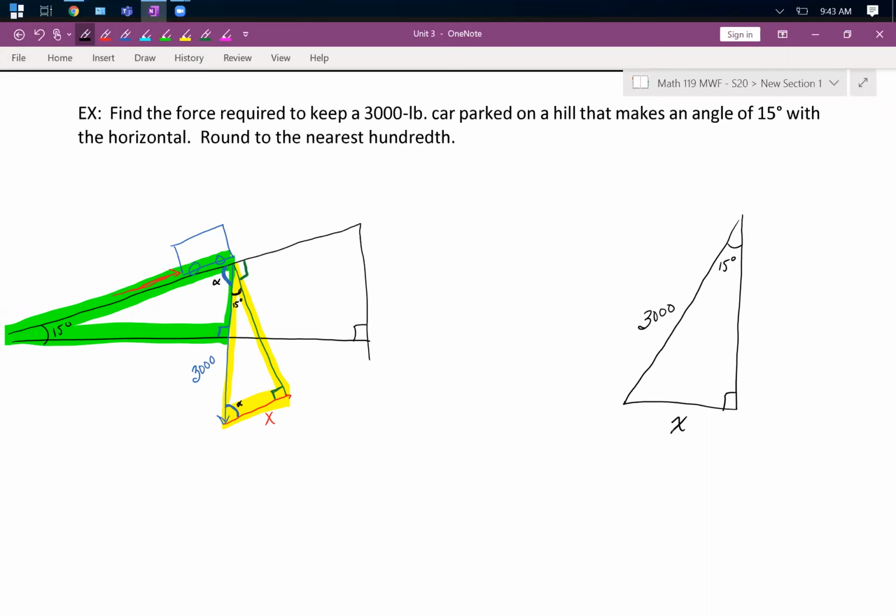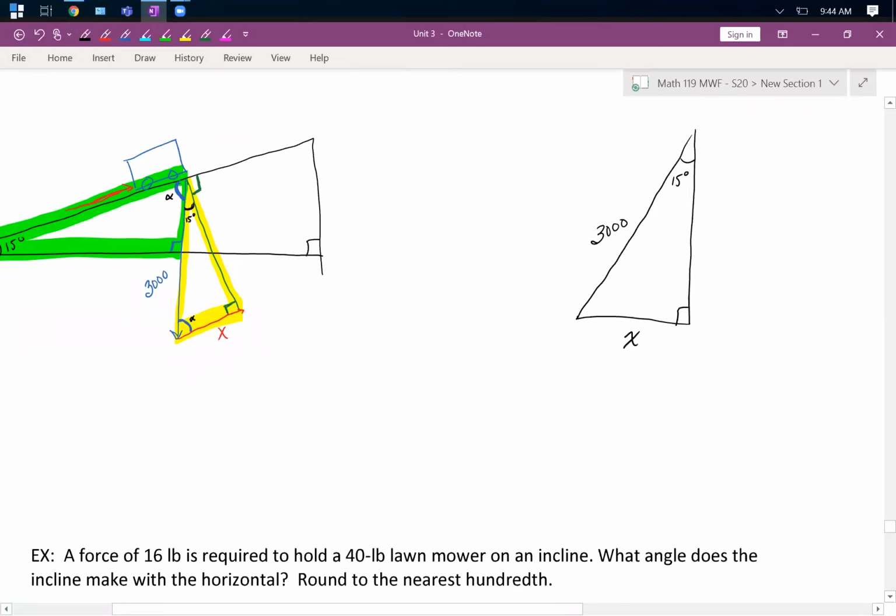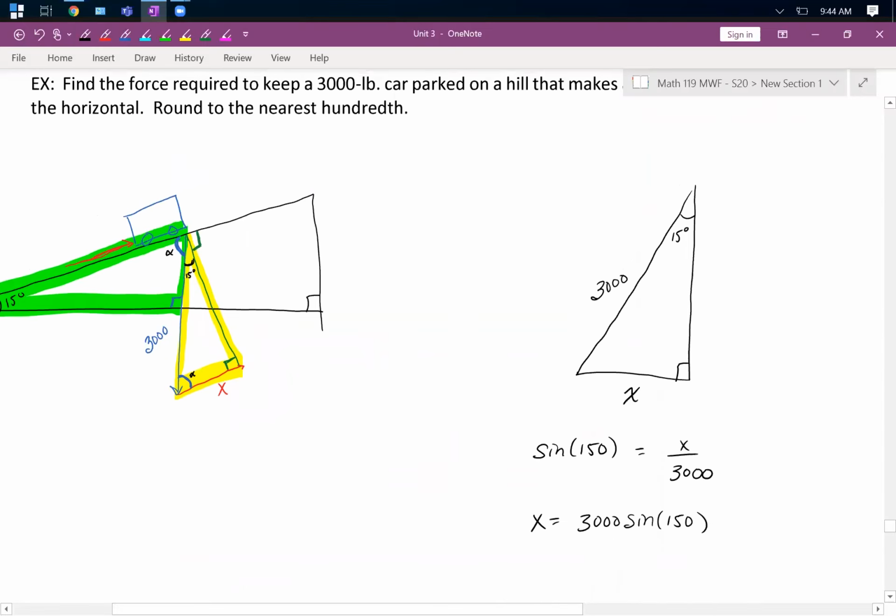And from our 15-degree angle, we have the opposite side and the hypotenuse. So that's sine. We get that sine of 15 degrees is equal to x over 3,000, making x equal to 3,000 times sine of 150. And then we're just going to plug that into our calculator and round to the nearest hundredth.